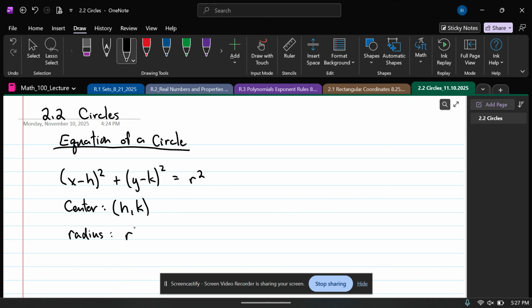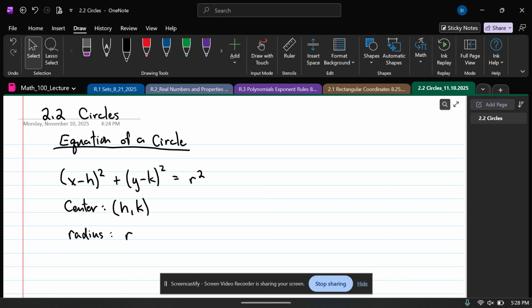And that's just going to be r. Okay. So we get this equation. So knowing this equation can get you the center and the radius of a circle, or it can get you the equation of the circle if they give you the center and radius. And they're going to do both of those. So we're going to do a few examples of those. Not a ton, but a few.